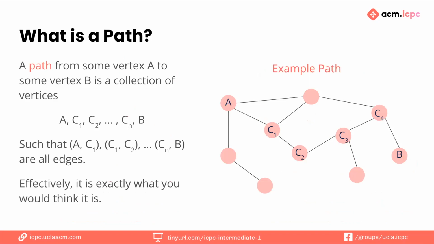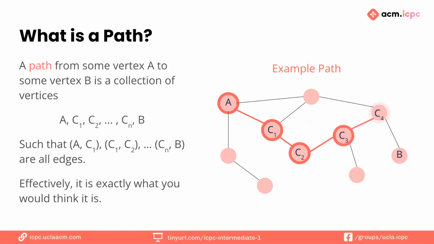So just to go over a couple more graph terminology things, we might use the phrase a path, and a path is essentially what you would expect. It's just a grouping of edges from one vertex to another. So it goes from, for example, from A down to C1, down to C2, down to C3, and so on and so forth.